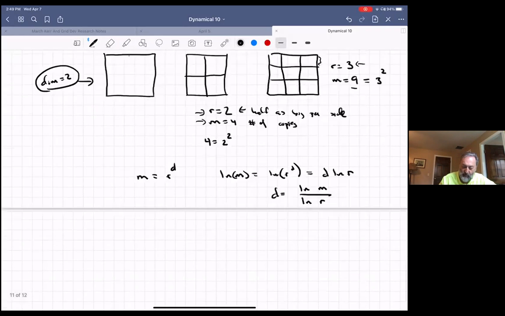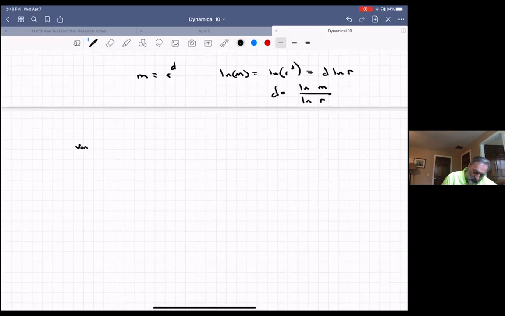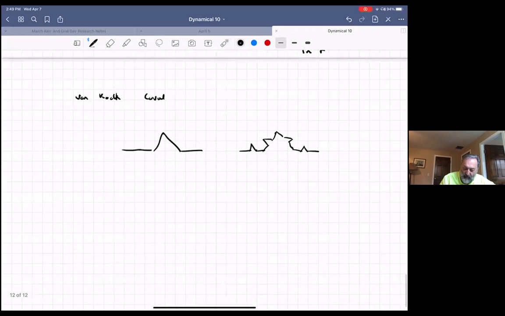Okay. So now if you do the von Koch curve, then when you scale by a factor of 3, you get 4 copies.